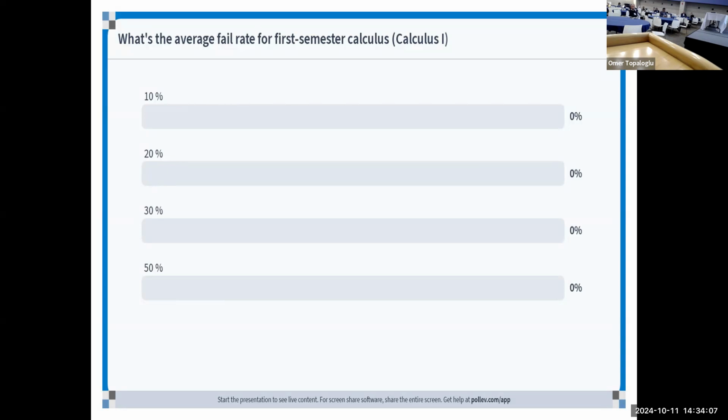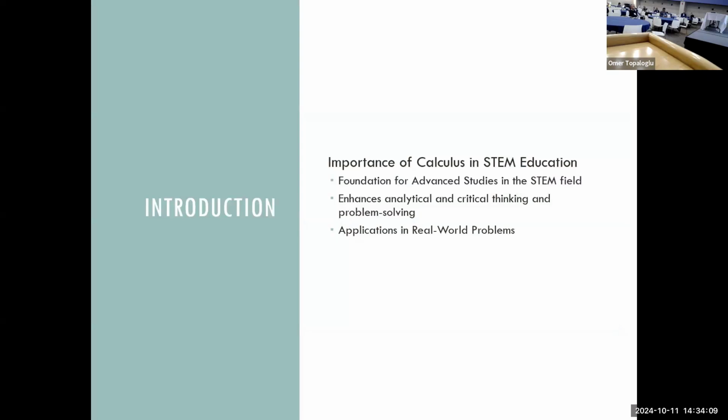And it is very important because for most of the STEM courses, math, engineering, physics, students have to take Calculus 1, and most of their upper level classes require calculus knowledge. So if students cannot pass that course, then it's actually affecting their graduation plan.